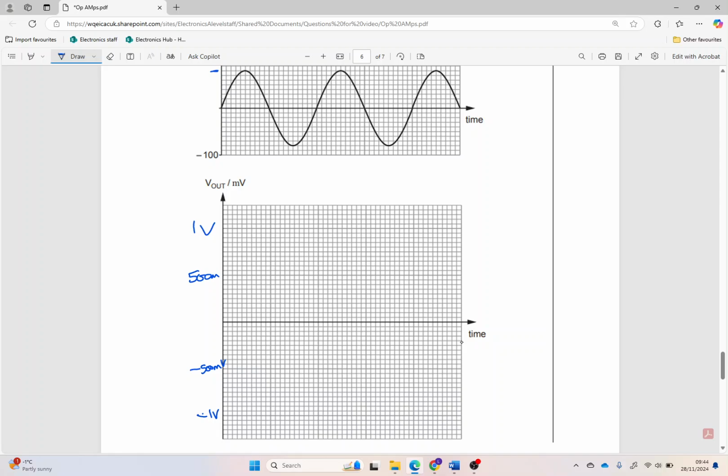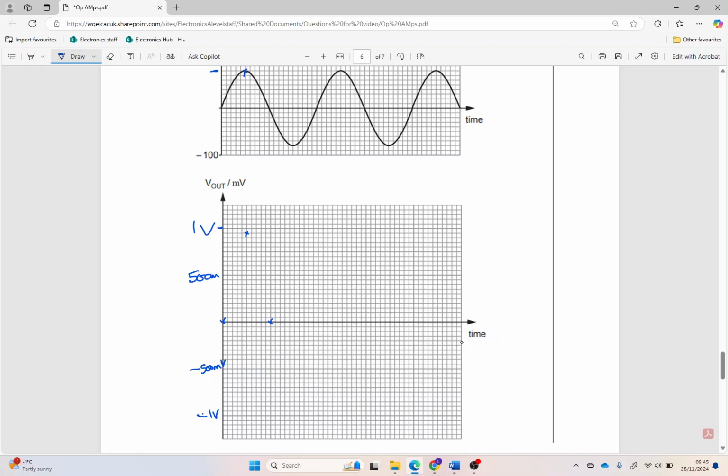We're looking to identify where, if that is 1 volt there, this one is going to be about 950. It's a non-inverting amplifier. So that is where that lines up with that peak there, starting off at 0 volts.